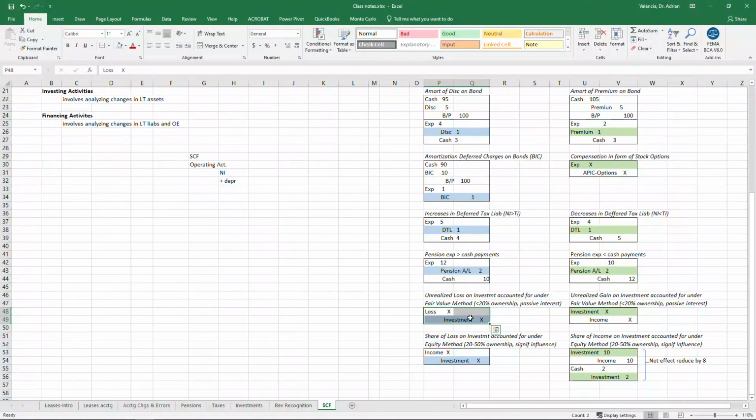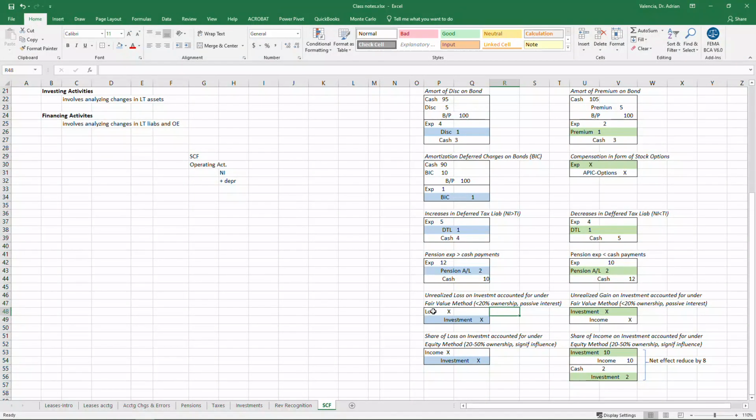This is after you mark to market periodically because you're carrying that investment at fair market value. So at the end of the period, you look at what it's worth and you might have to reduce the value of that investment if the market price is lower. When you do that, you're marking to market, right?